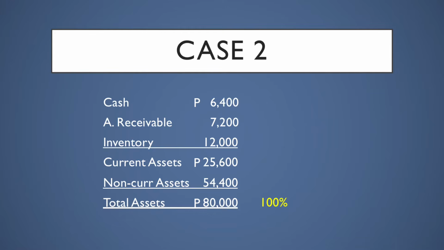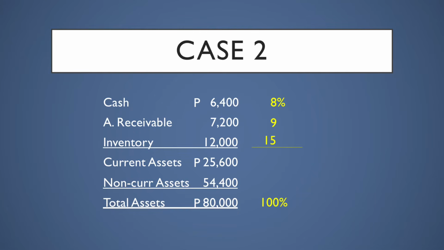Breakdown. Cash, 6,400 over 80,000. That's 8%. Accounts receivable, 7,200 divided by 80,000. You have 9%. Inventory, 12,000 divided by 80,000, 15%.